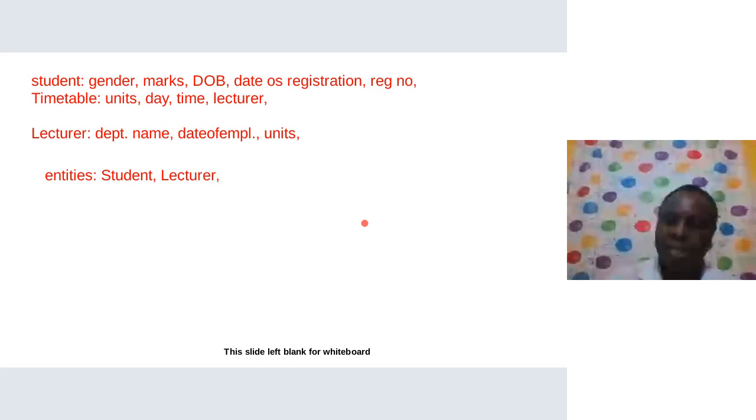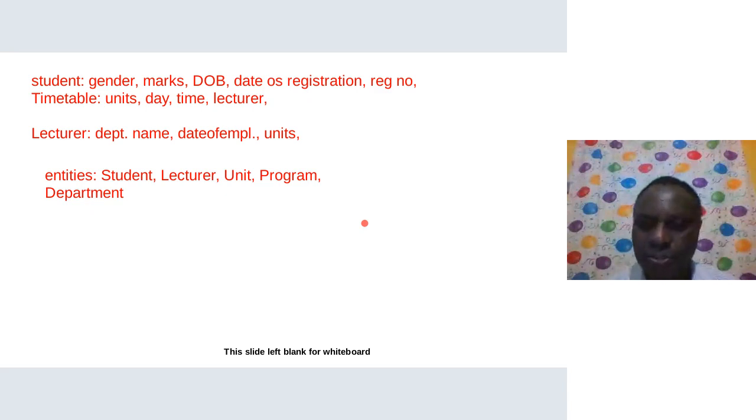We can store data about a unit. So these are some possible entities. We can store data about a program. Obviously, we can store data about a department. Okay, etc. So all these are possible entities.